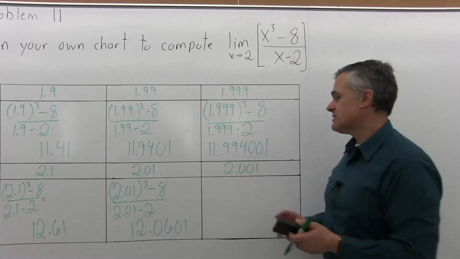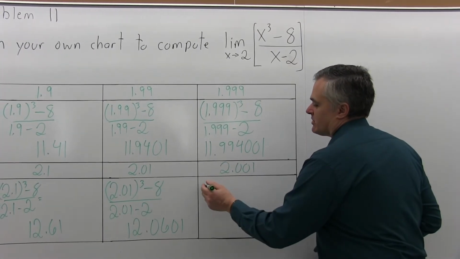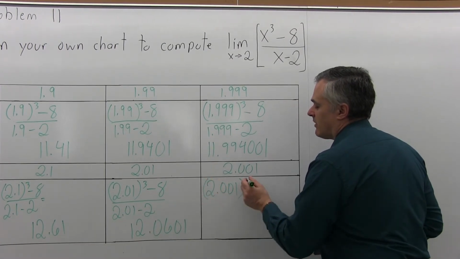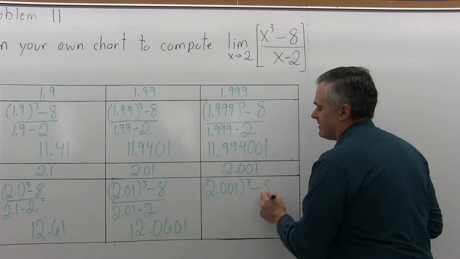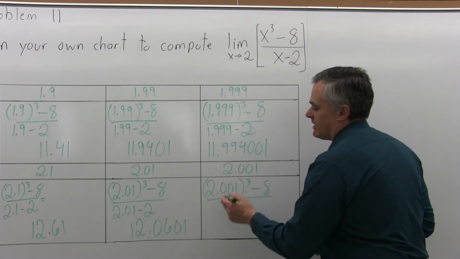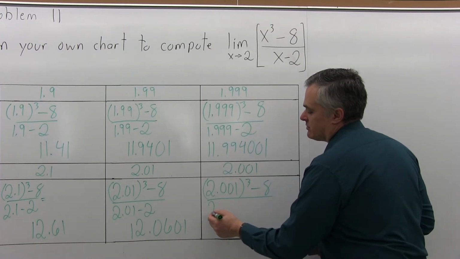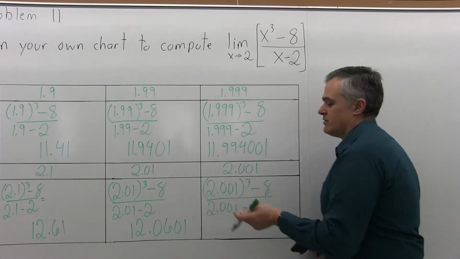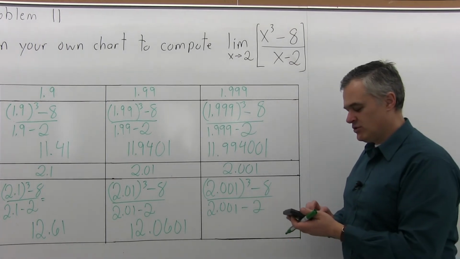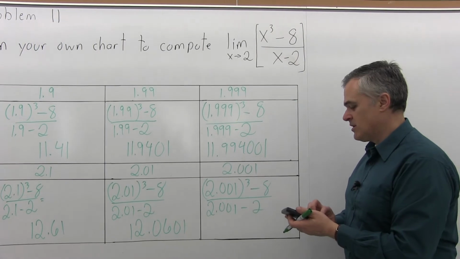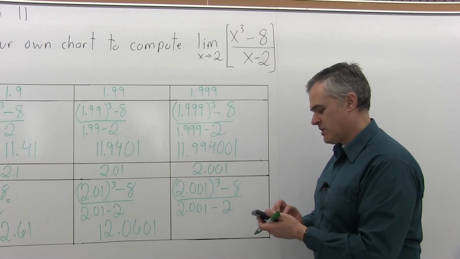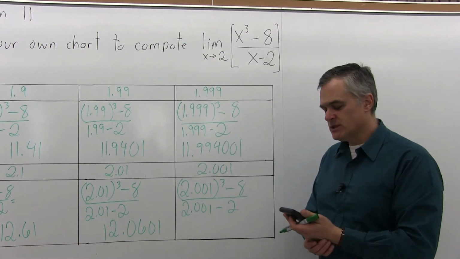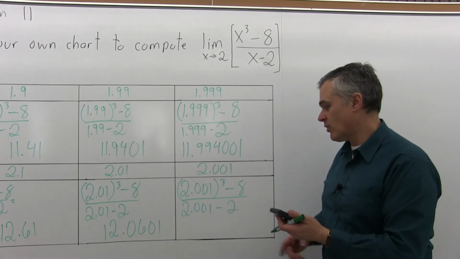And one more box. X to the third power in the numerator is 2.001 to the third power minus 8. Then in the denominator, x minus 2 is 2.001 minus 2. Do that math. Clear the screen. 2.001 third power equals, I get 8.012006001.